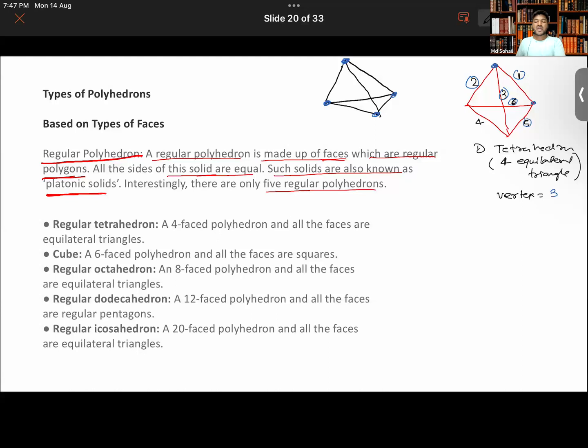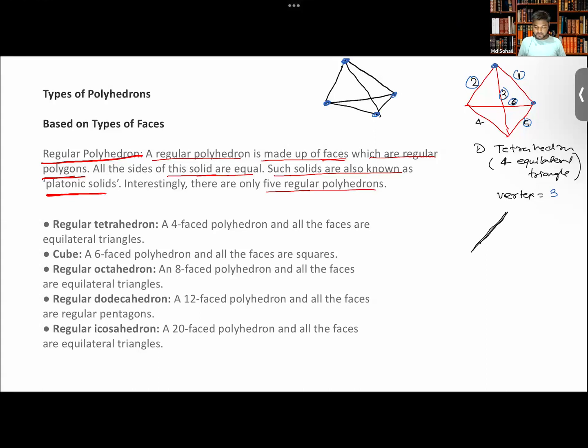For example, you could have an octahedron. The diagram is pretty complex, but I will try to draw it. It looks something like this one. Let's give it a try. It looks like this from here.